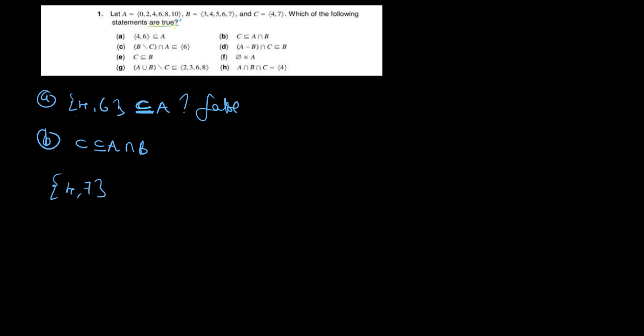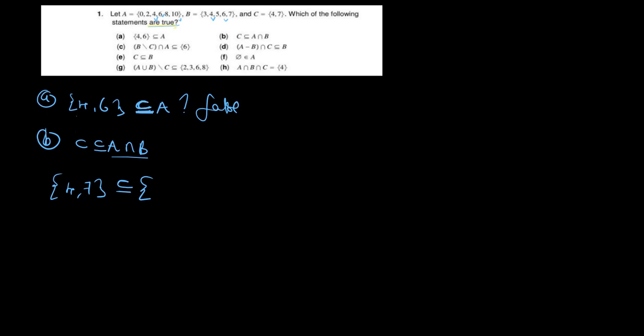Are they equal to or just found in the set A intersection B? What are the things intersecting A and B? Things that are found in both A and B, that's the meaning. We go to A and B. I can see 4 there, and 4 there. What else? There's also 6 there, and 6 there.